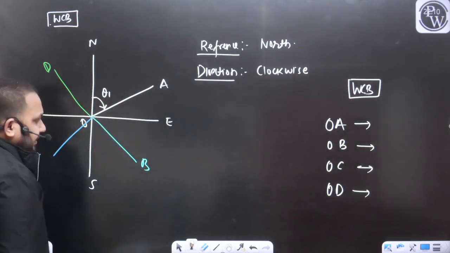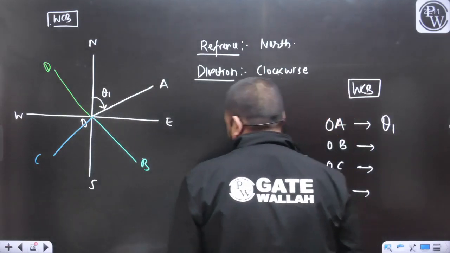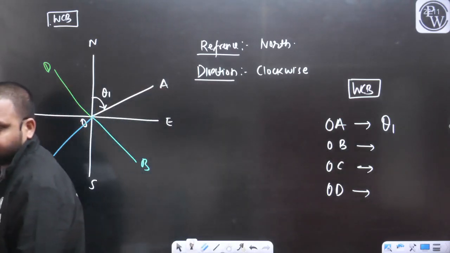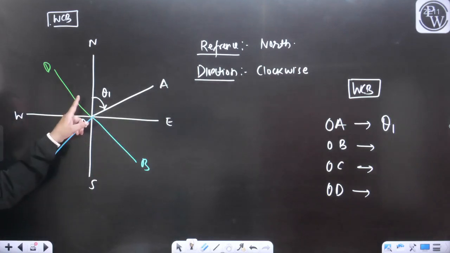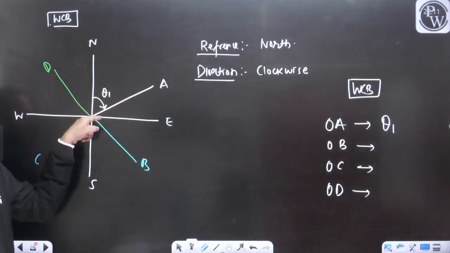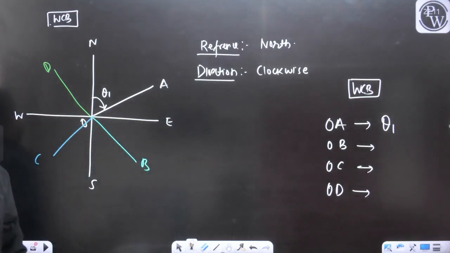Can I say this theta 1 is going to be the bearing of the line OA? Yes or no?